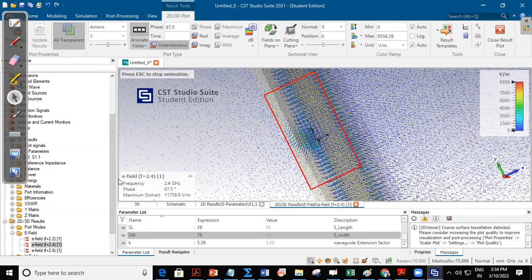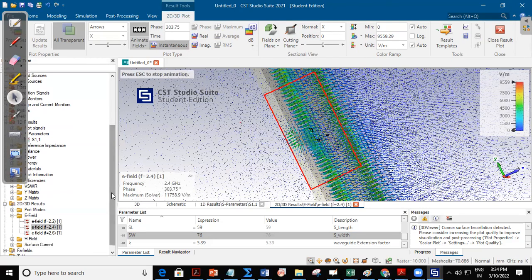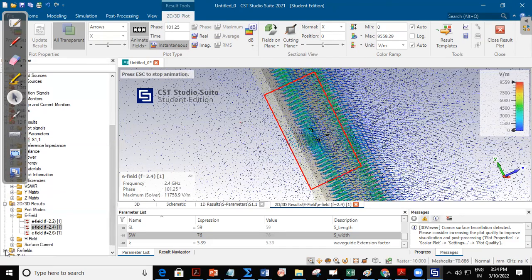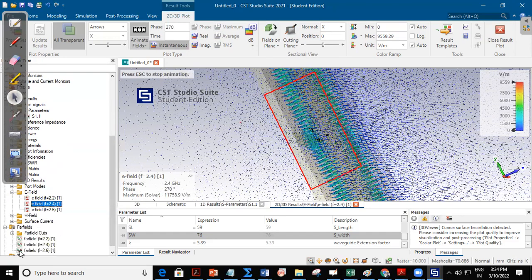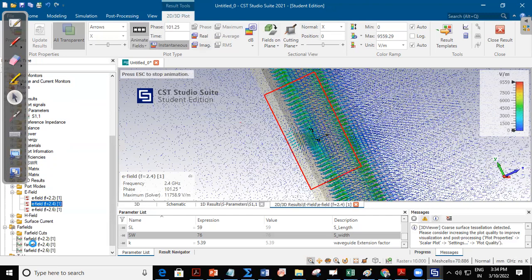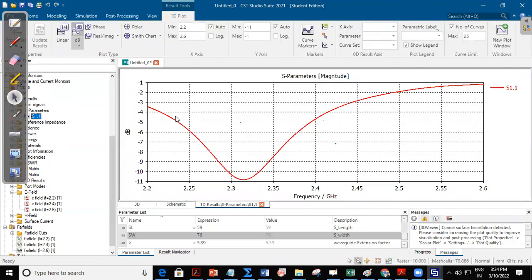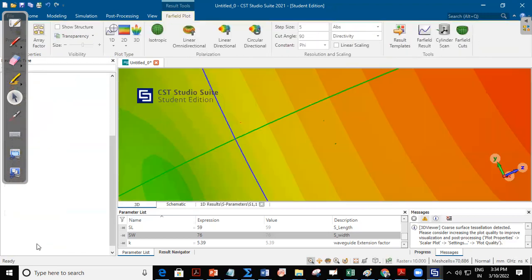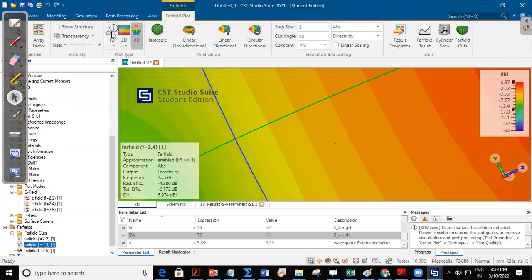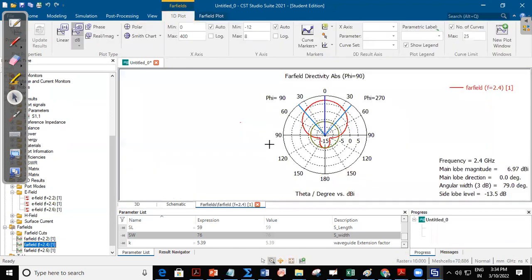Other things also, like you can check it with the radiation pattern. Let me see the far field pattern at 2.4 gigahertz. One D results, if you see, you will find it.